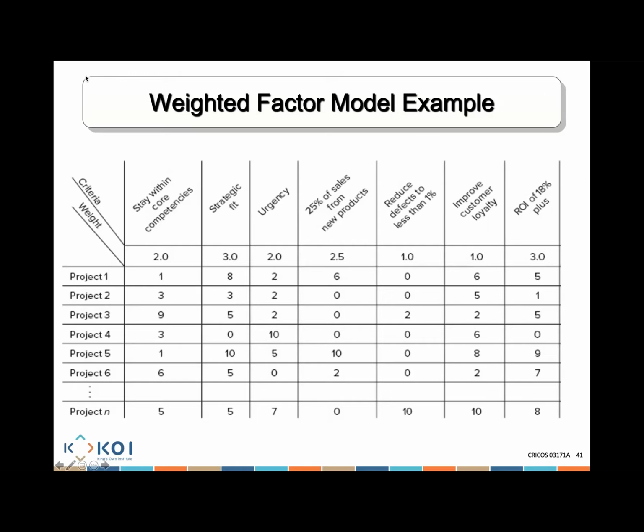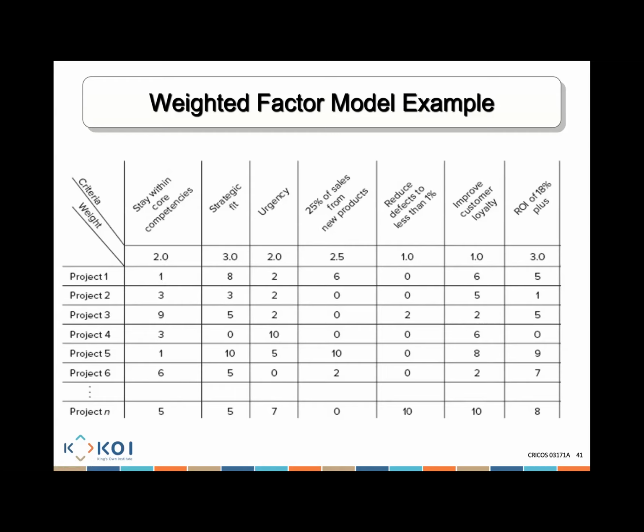Yes. Great. Now, what do you do after you choose your criteria and after you choose your weight? You go and evaluate each of these projects, with 1 being not very important, 9 being very, very important, or the higher the better. So, project 1, does it help me to stay within my core competency? 1, what does that mean?